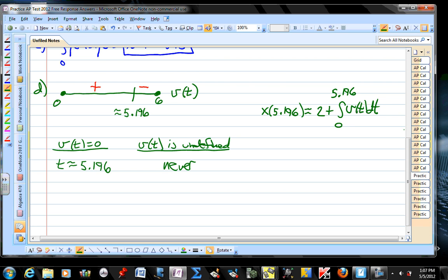So we're going to go to our calculator and type in 2 plus the integral from 0 to 5.19552, to get a few more decimal places of accuracy, of the velocity function, which is 2 times the sine of e to the 1/4 t, plus 1.